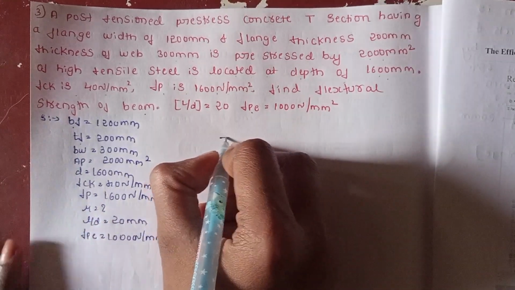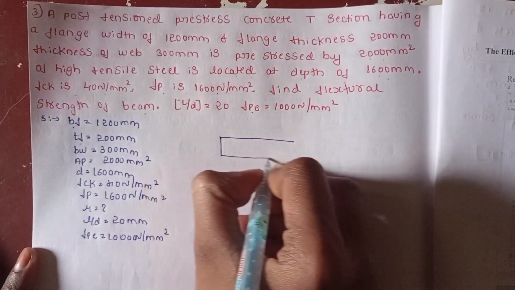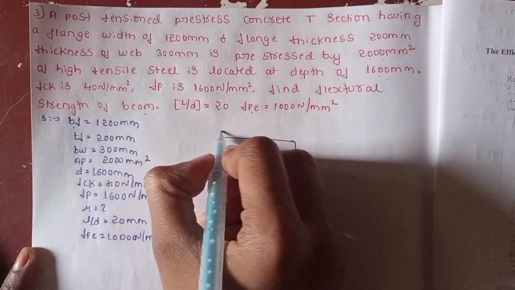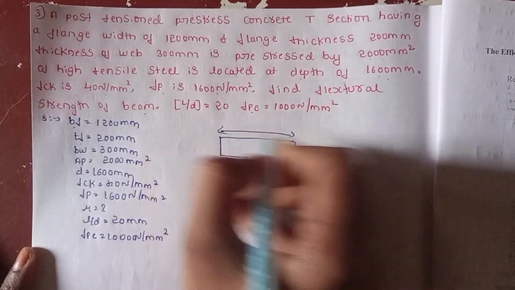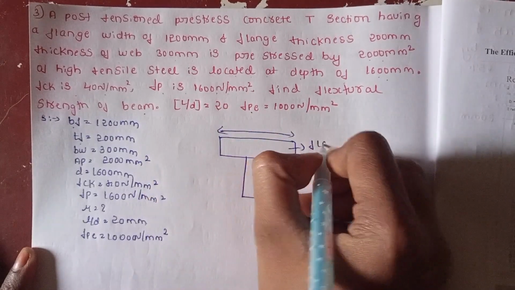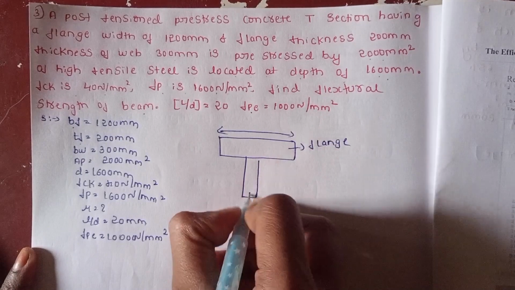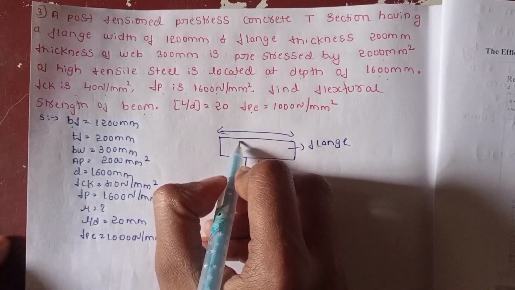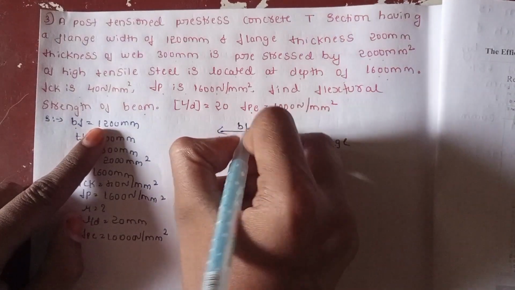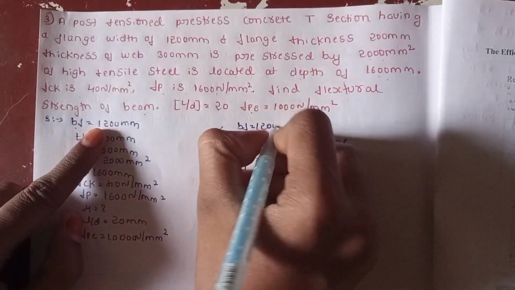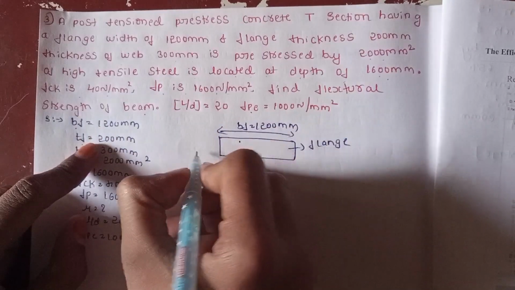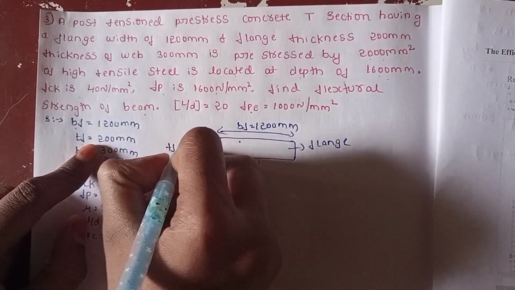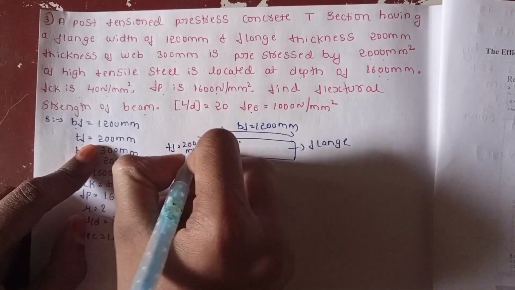Now draw the figure. This is T beam. This portion is called the flange portion and this portion is called the web portion. Flange width is BF equal to 1200 mm and thickness of the flange is TF equal to 200 mm.